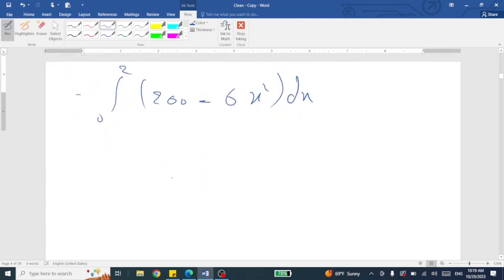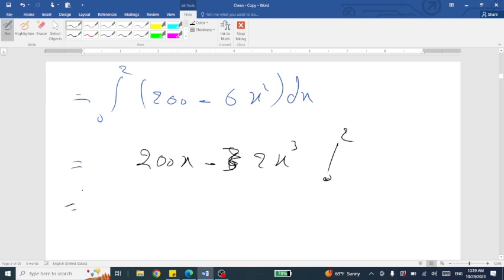Then 200x, you are right, minus 2x cubed. Why? From 0 to 2. And I'll get what?